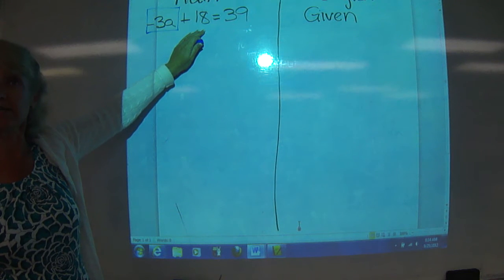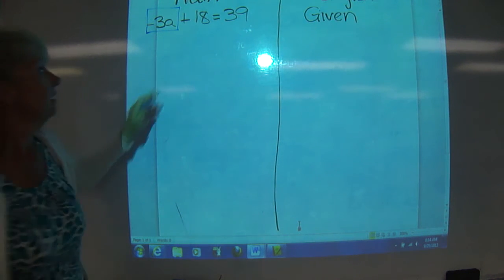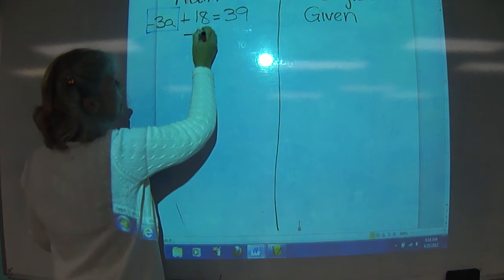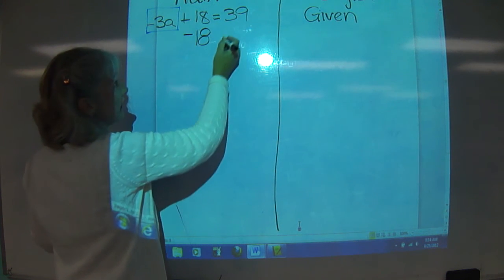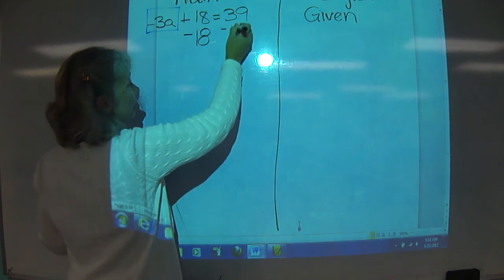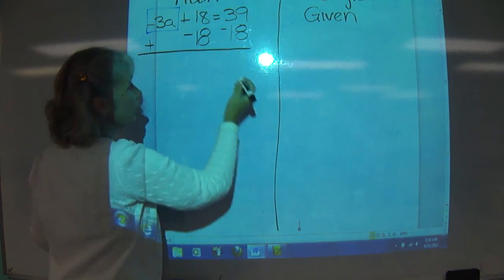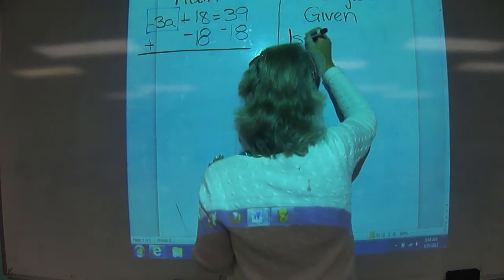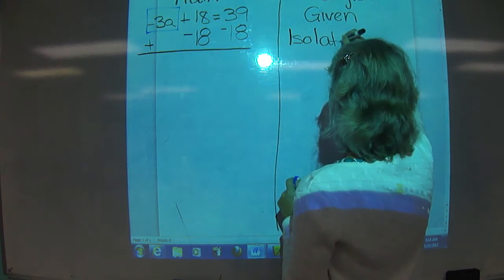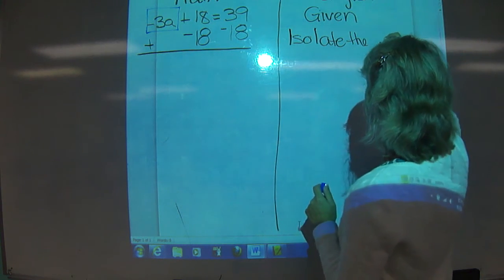18. So 18's opposite is? Negative 18. And if we add it to one side, we have to add it to the other side. So we're going to add negative 18 to both sides to isolate the variable expression.